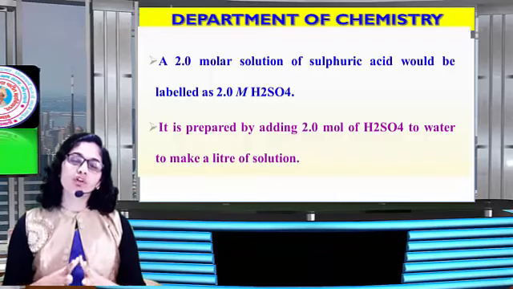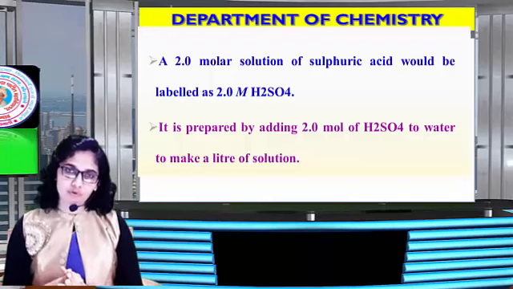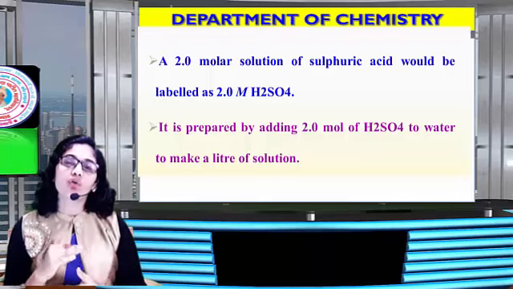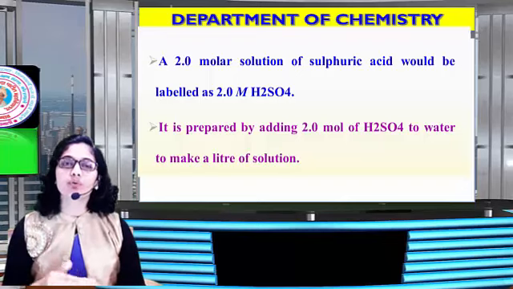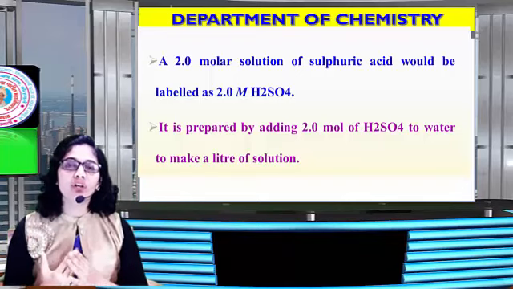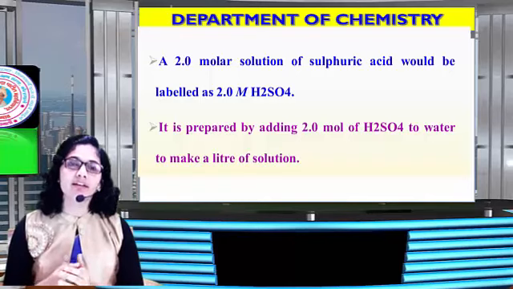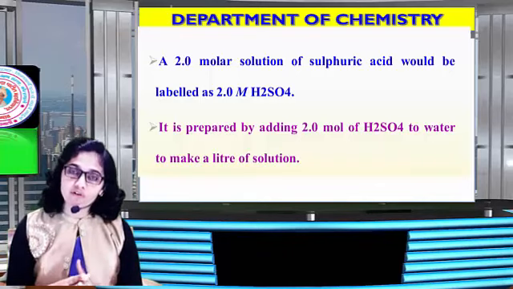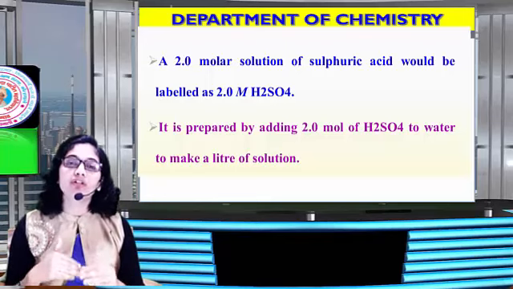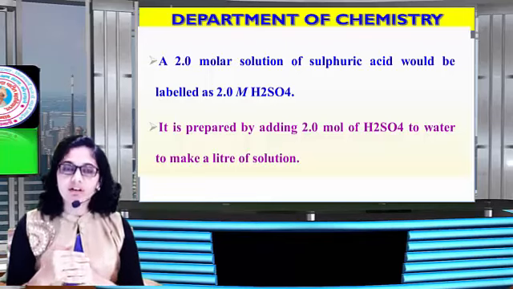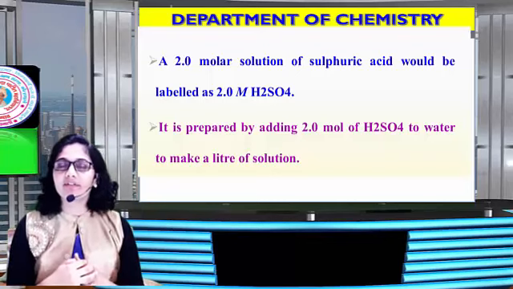It means if we want to prepare a 2 molar H2SO4 solution, we need to take a volumetric flask of 1 liter, and in that volumetric flask we need to add 2 moles of H2SO4, and after adding the 2 moles of H2SO4 we need to dilute this solution with the solvent, that is water, up to the mark of that volumetric flask.